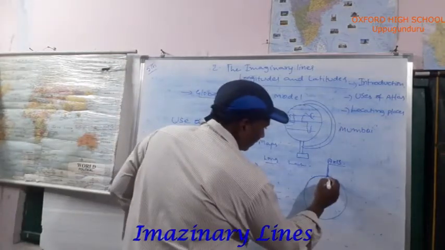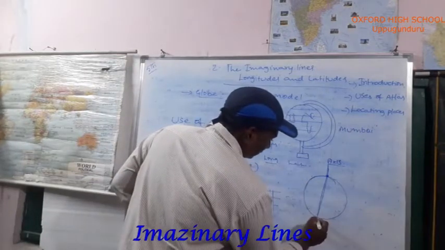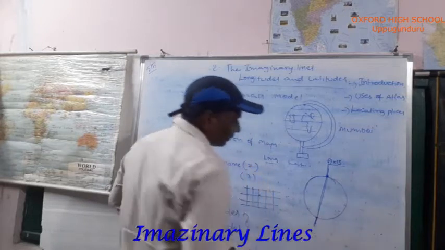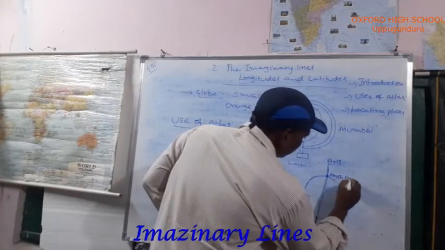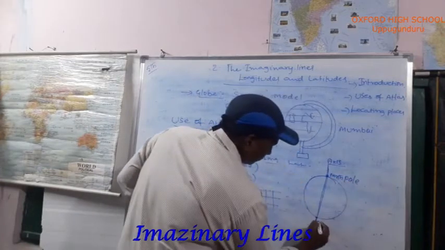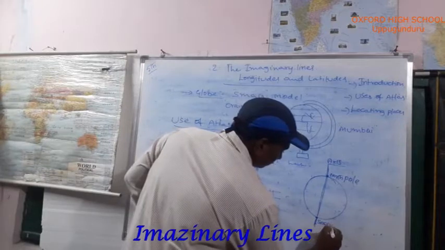Here you are observing the points. This top point is called North Pole. This down point is called South Pole.